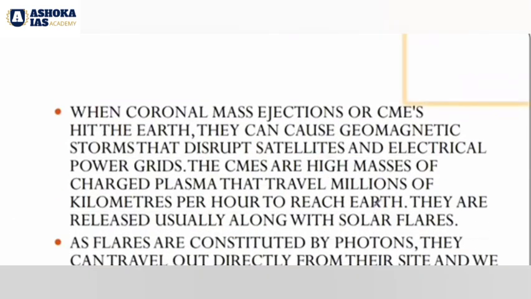Now, when coronal mass ejections hit the Earth, meaning highly charged plasma along with light, photons, they can cause geomagnetic storms when the intensity and duration of the solar wind are greater.